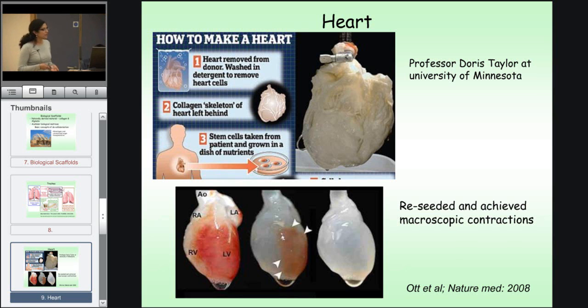So they took cardiomyocytes from neonatal rats and injected them back into the heart. Four days later, they got macroscopic contraction. Okay, this is a rat heart, it's very exciting, but the next step was to take that one scale further. To date, she's managed to decellularize both a pig heart and a human heart.